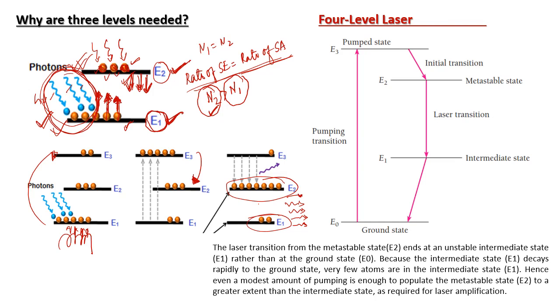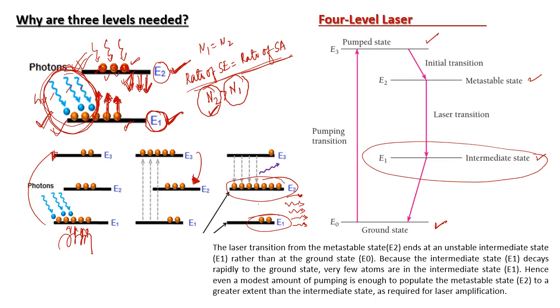Okay, for a four-level lasing system, we have a ground state, and we have some pumped states, the ordinary excited state, and then we have a metastable state, and then we have another intermediate ordinary state, and then the ground state. In the three-level system, we did not have this state. So why is the four-level system important?